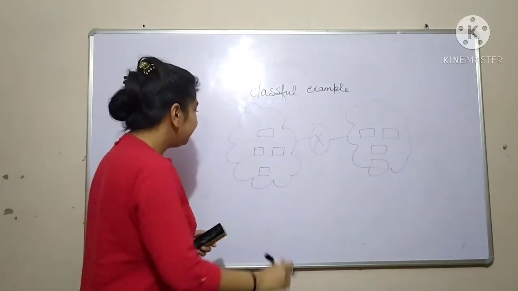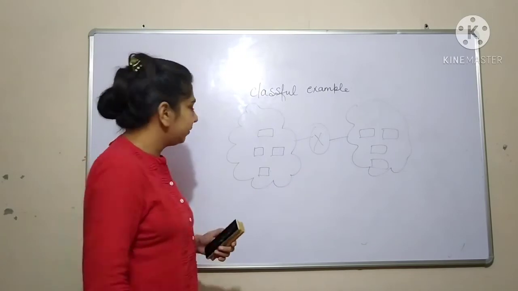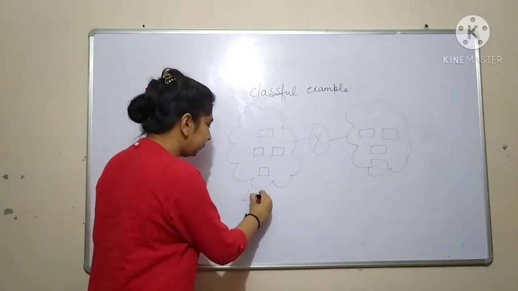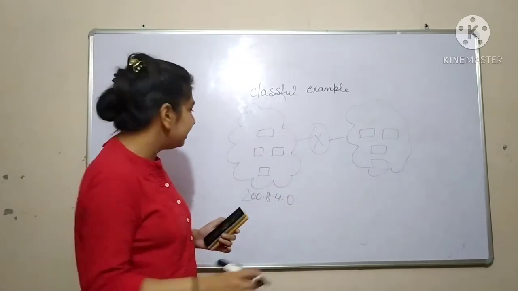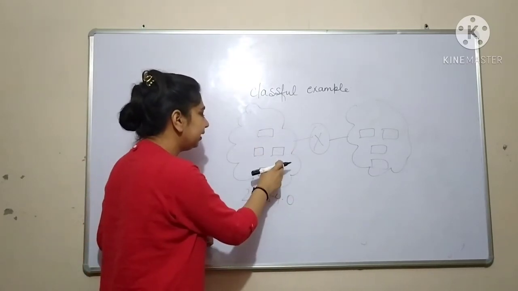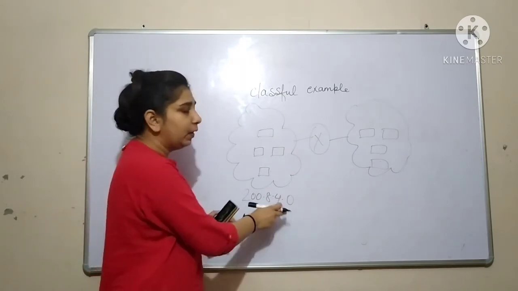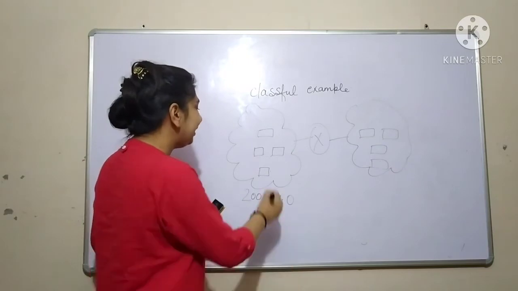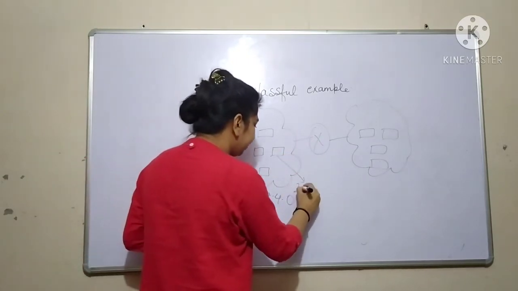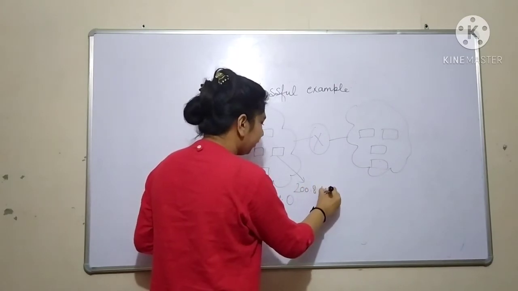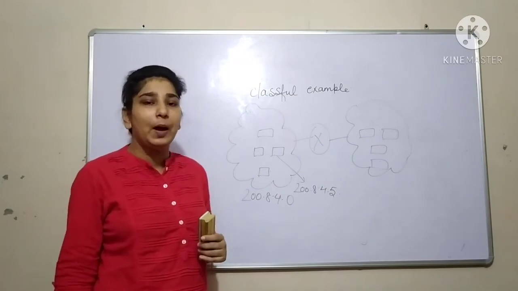Okay, so each and every network is having, let's suppose this is a class C network 200.8.4.0. Okay, so this is the network ID of this network. Each network is having its network ID. Okay, and each device is given an IP address like 200.8.4.5. Okay, so this is the IP address of the given device.